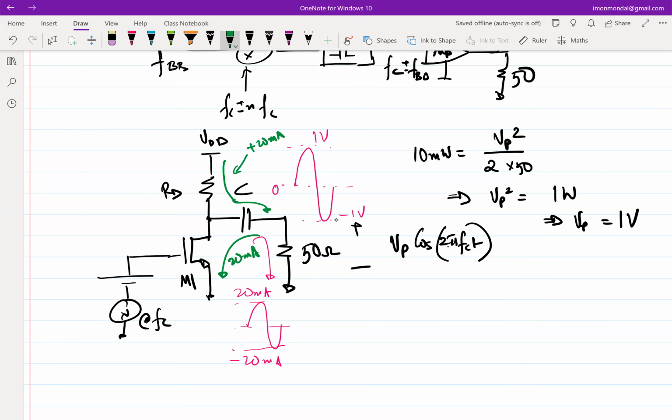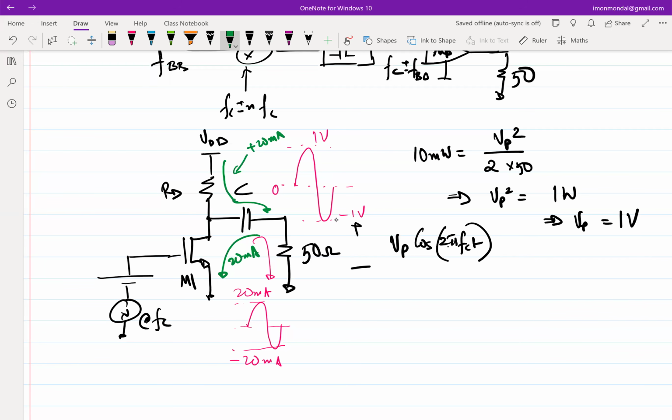So why do you want to bias? To get high GM value, yes, true.